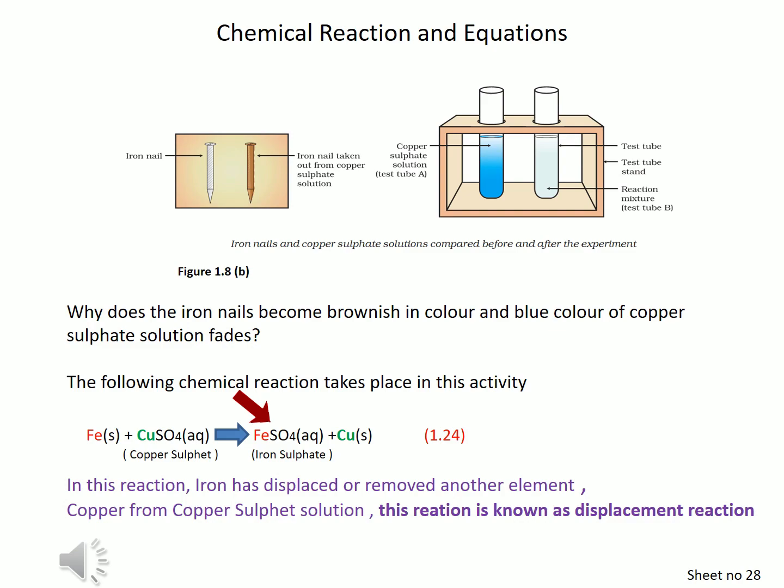Now after the reaction this Cu becomes separate, so Cu is getting displaced. So it is a displacement reaction. I have marked different colors for different elements so that you can easily notice the difference during displacement.